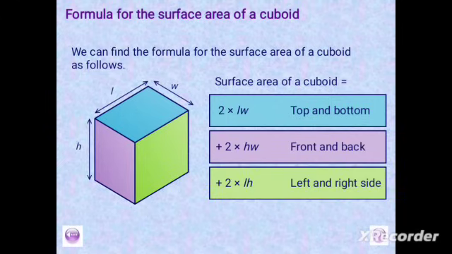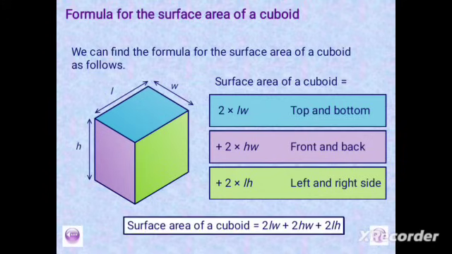Then lastly, the left and right hand side faces, which we add to the previous areas. And now we can sum up the surface area of a cuboid as 2 length times width plus 2 height times width plus 2 length times height.